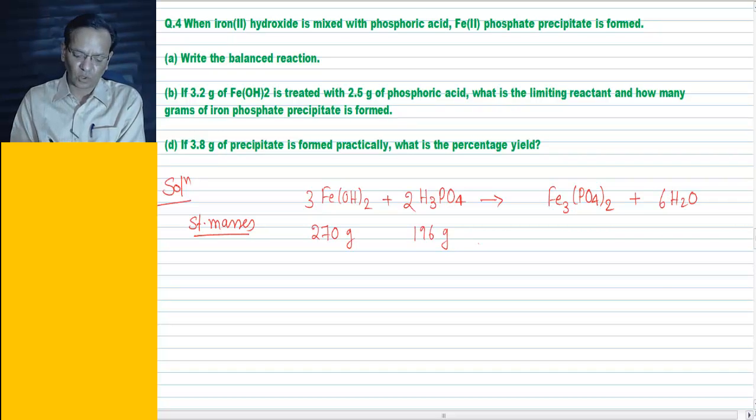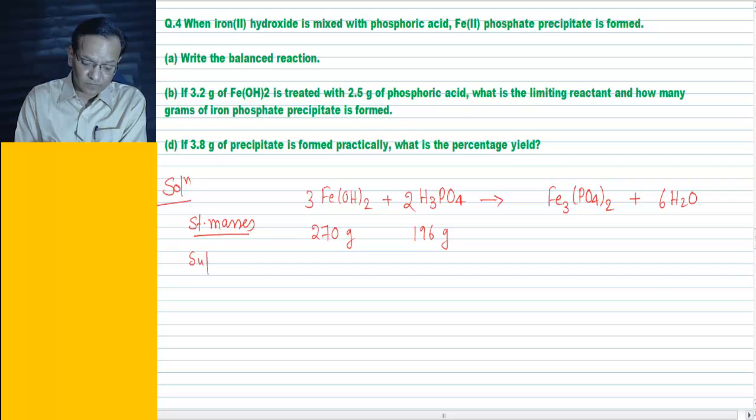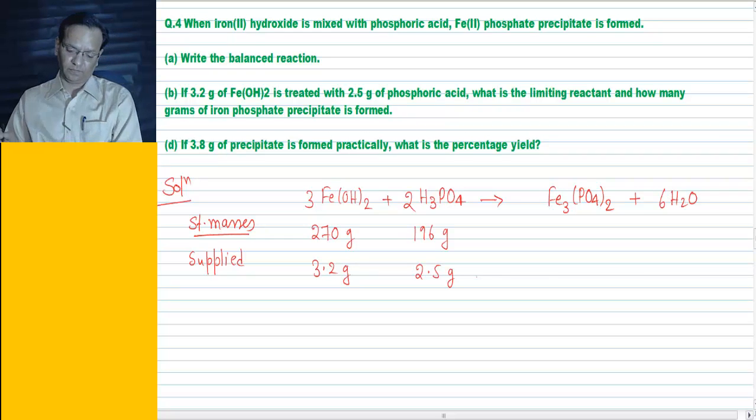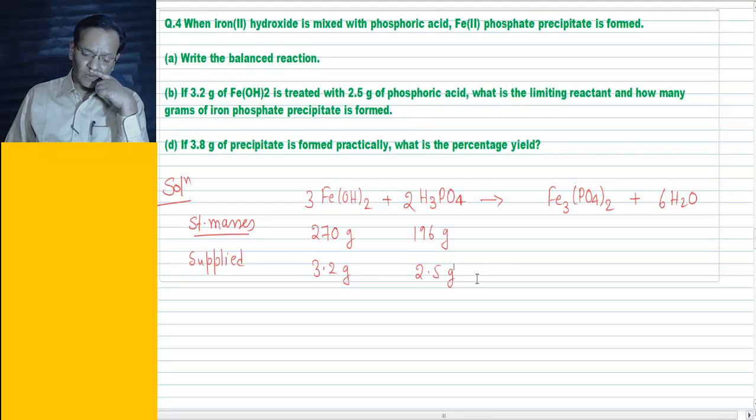That is stoichiometric. Supplied 3.2 gram and 2.5 gram. So first let us know which is the limiting reactant.